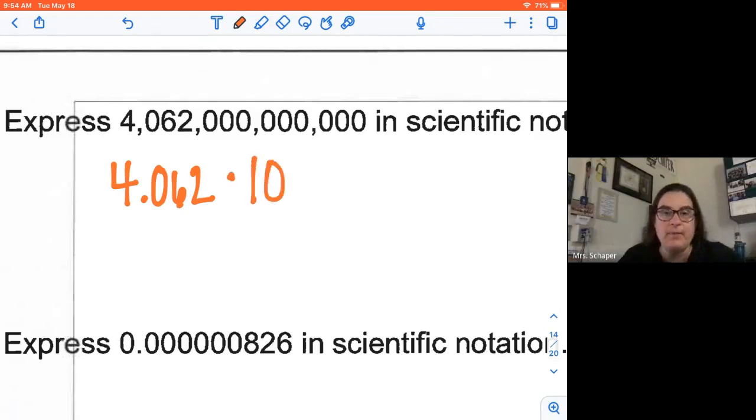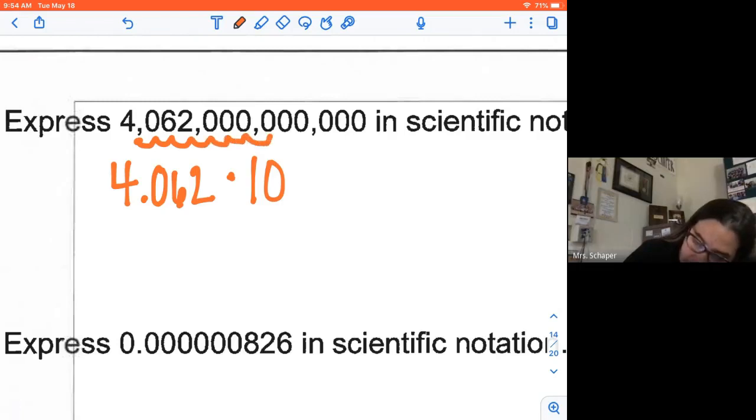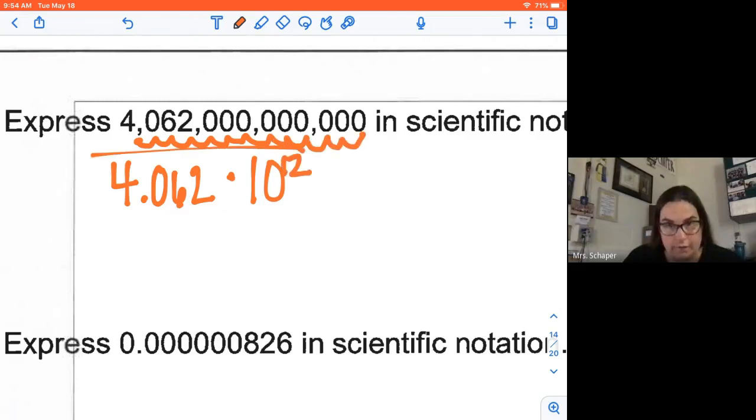Now I need to come up with my exponent, and my exponent is how many spaces I have to move the decimal. So if the decimal starts right here, I move it 1, 2, 3, 4, 5, 6, 7, 8, 9, 10, 11, 12. This is going to be 4.062 times 10 to the 12th. The 12 is positive because I'm moving to the right.